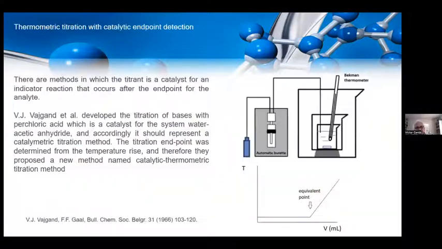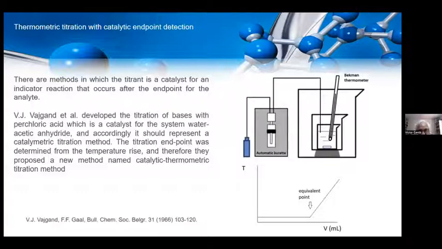Sometimes we may apply thermometric measurements to control the reaction speed. One example is when you are making a titration of a base with perchloric acid in the presence of water and acetic anhydride. Where you have the base, you are making the titration with perchloric acid, and you have a constant temperature.